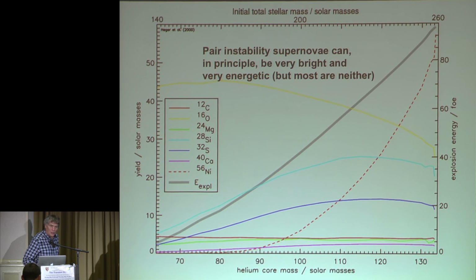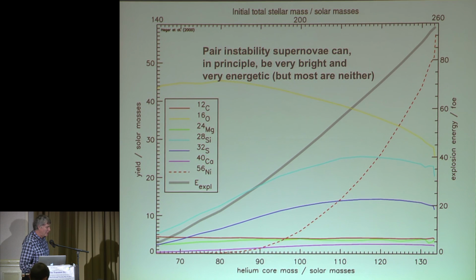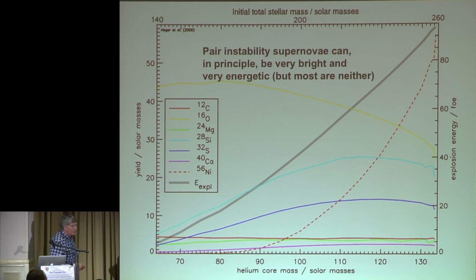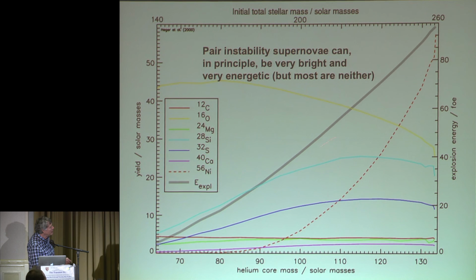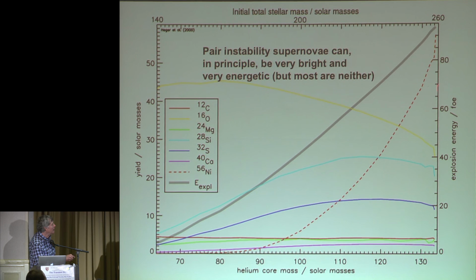Now, I'm not going to spend a long time on the pair instability supernovae because those are well documented in the literature. There's a good summary plot here that gives the explosion energy in units of 10 to the 51 ergs, and the nickel mass that's produced, the dashed line, in solar masses, and for the very upper end you can get around 50 solar masses of nickel, and you can get up to 10 to the 53 ergs of energy.